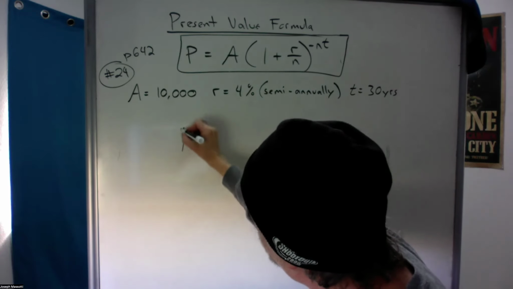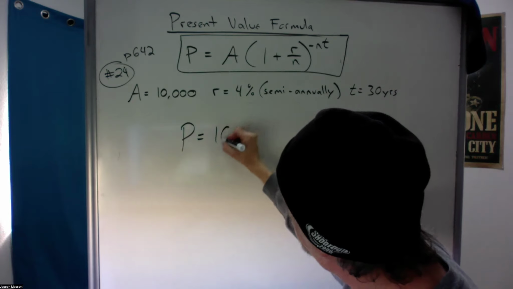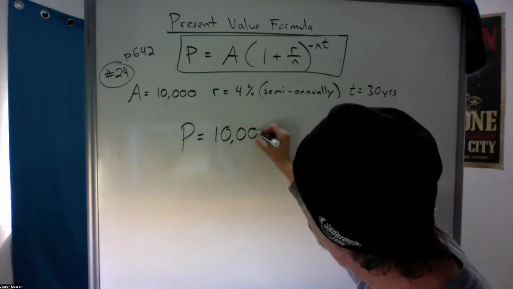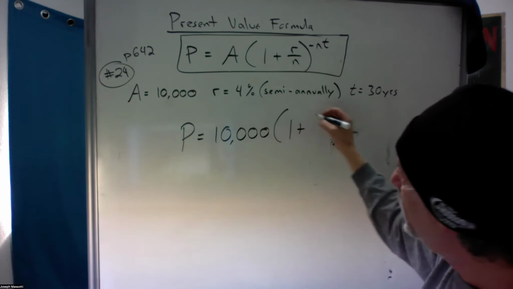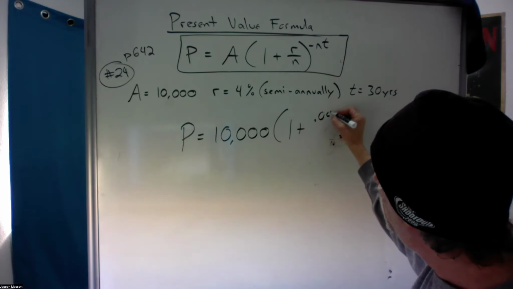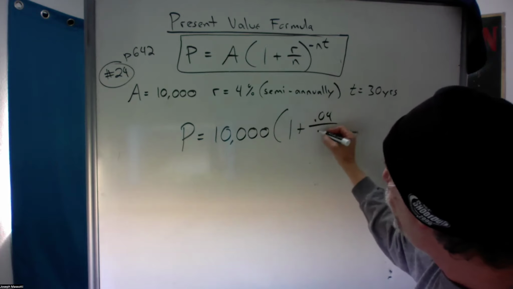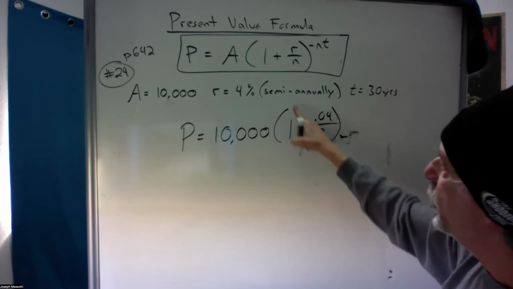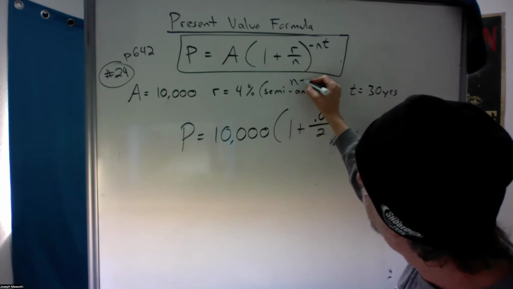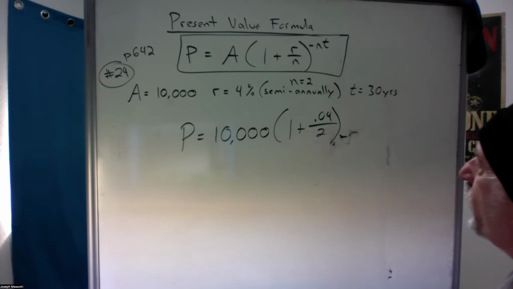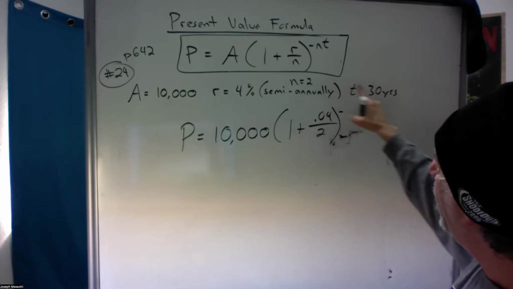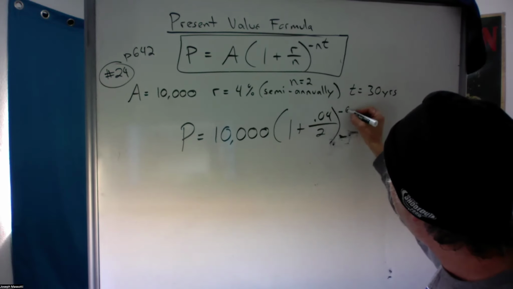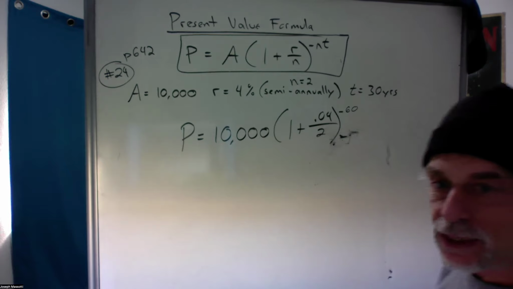So all we have to do is plug into the formula and say 10,000 times 1 plus the rate as a decimal, 0.04 over 2. Semi-annually is 2. And N is 2. And now we're raising to the negative NT. So N times T is 60.